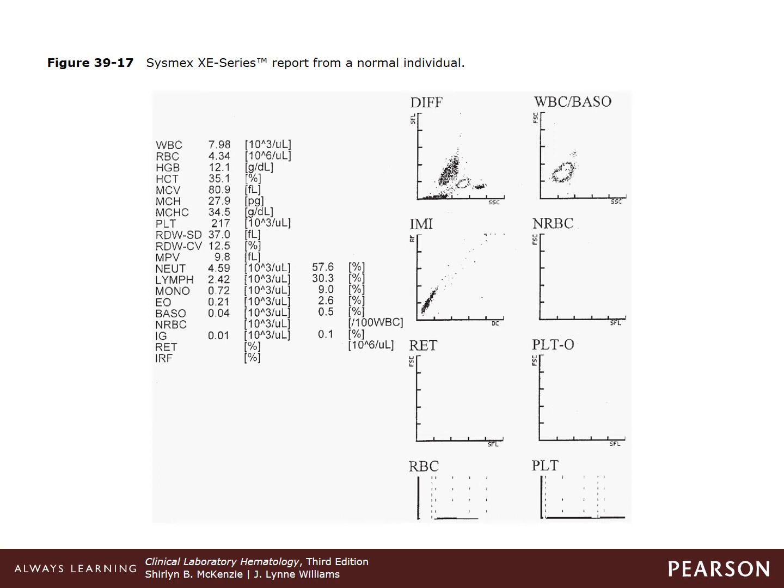It also creates holes in the membranes of the nucleated cells, the white cells, allowing a dye to enter them and bind to the DNA and RNA. Passing through a single laser beam, each cell generates forward and side scatter, and the intensity of the fluorescence depends on the cell type. So the diff scattergram represents the plot of side scatter versus fluorescent intensity.